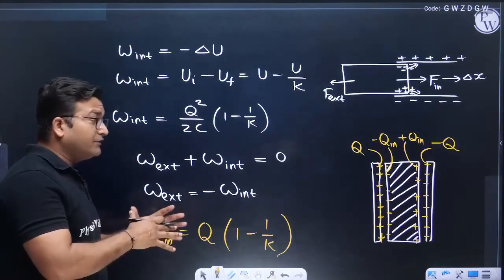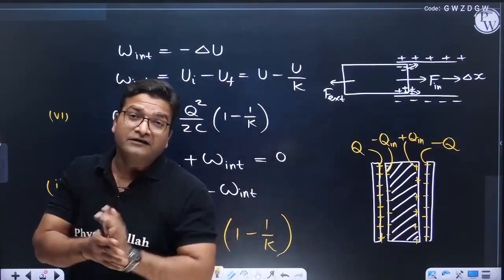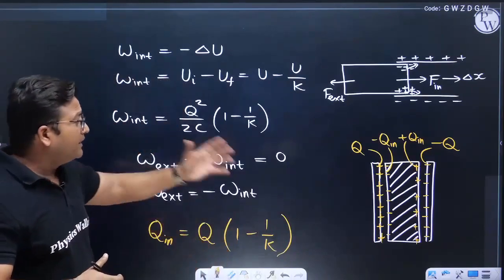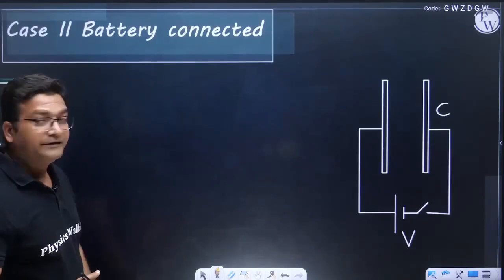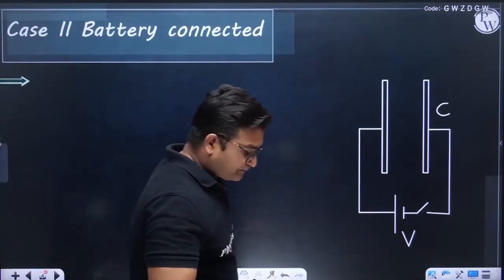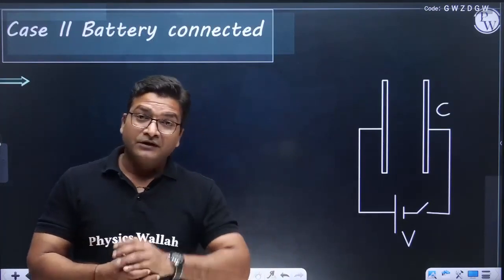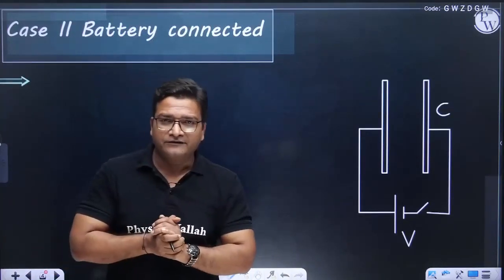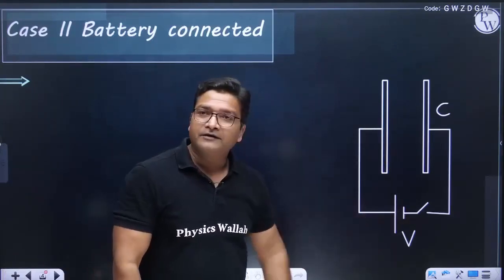And obviously, as you can see, we have learned many concepts, so there can be many questions based on this story. The next case: in the first case, I took an isolated charged capacitor. Now I am taking a capacitor which is connected to a battery.